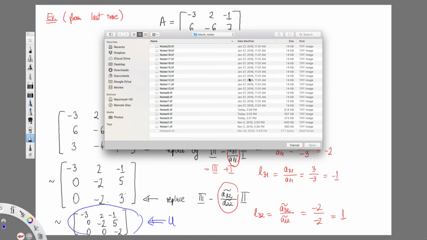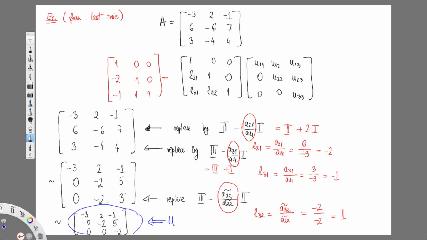I just wanted to get one more clarification. When you're replacing the rows, what exactly is the rule that you're following? This is what we did in class when we were programming as well. When I'm replacing, technically I have a choice of doing minus 2 plus A21 over A11.